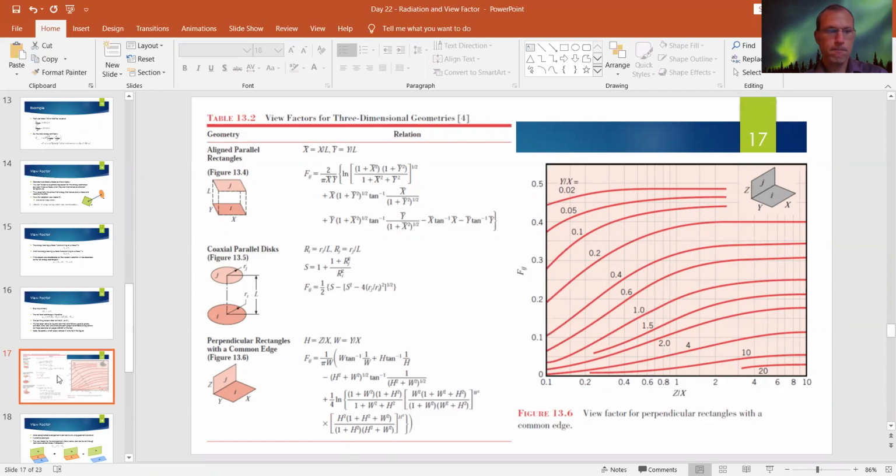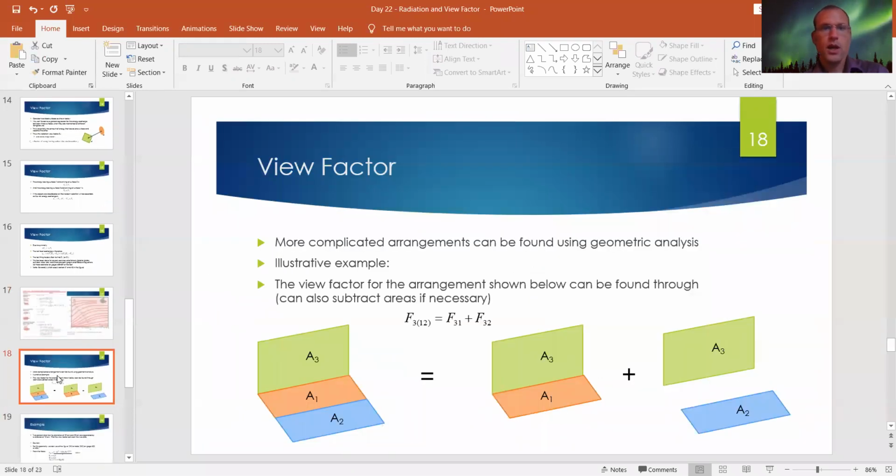A lot of times you end up with a situation that's not exactly the same as in the textbook. And a lot of times what you can do is use geometrical analysis, as I call it anyway. So, for example, if I'm looking at this object here, I have some object number 3, and 2 more objects, 1 and 2, down here. This looks a lot like that case we just saw with the 2 plates being perpendicular to each other.